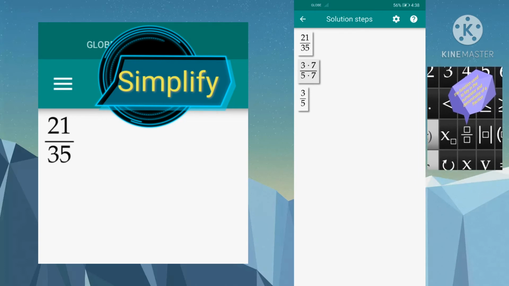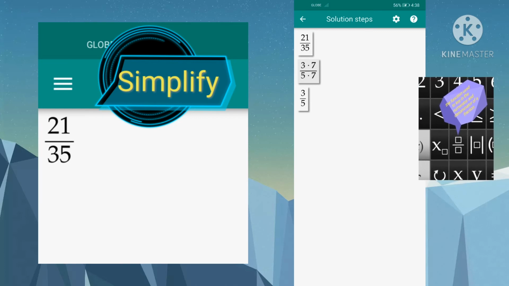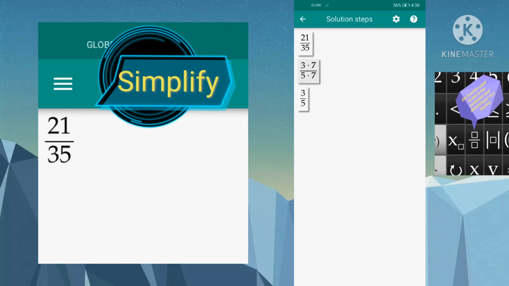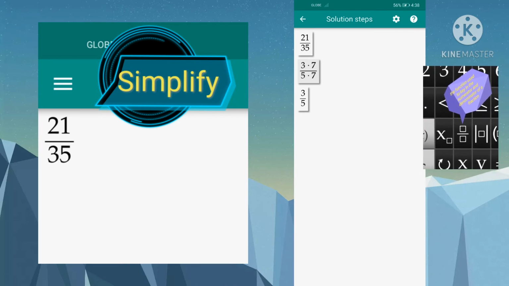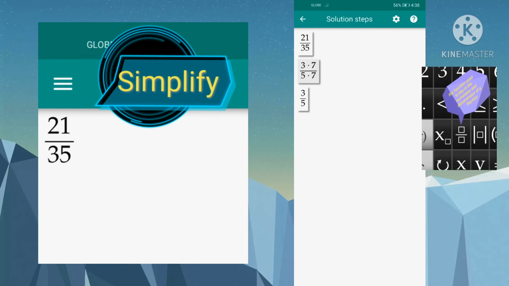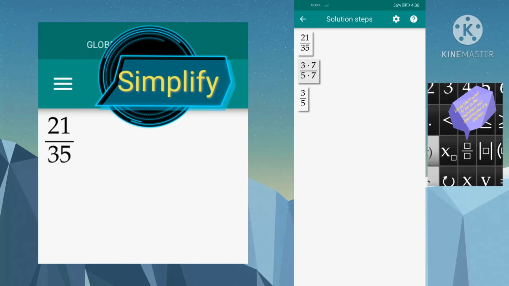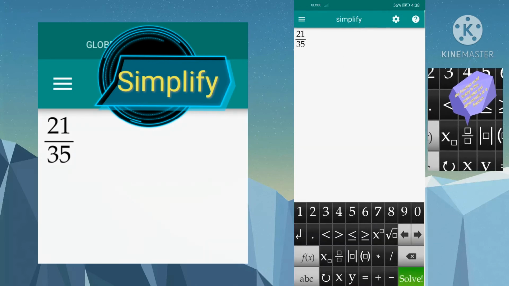So, the answer is 3 over 5. So, look, it presents the complete solution. 21 can be factored out as 3 times 7. Then, 35 can be factored out as 5 times 7. So, i-cancel natin yung 7. Ang matitira ay 3 over 5.